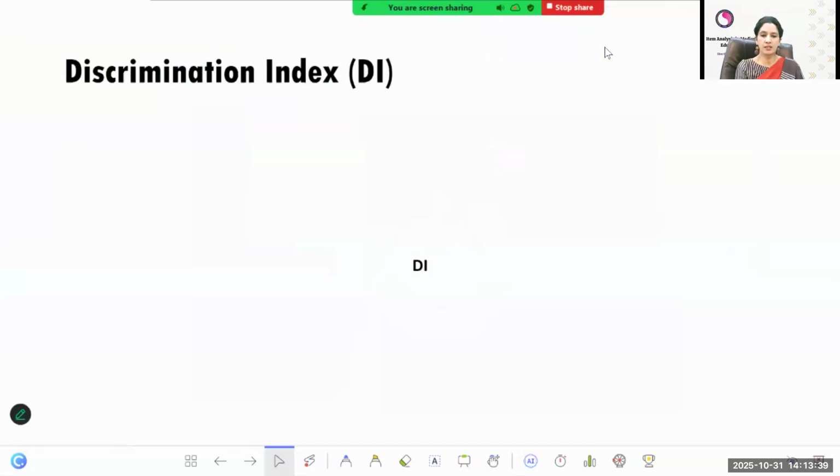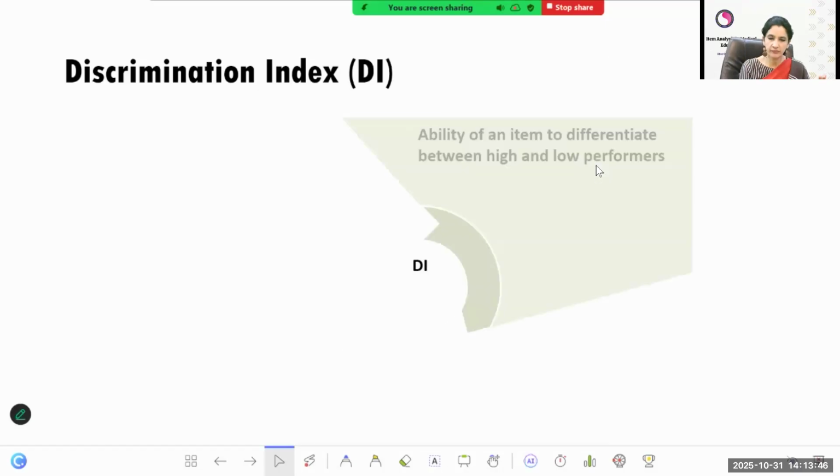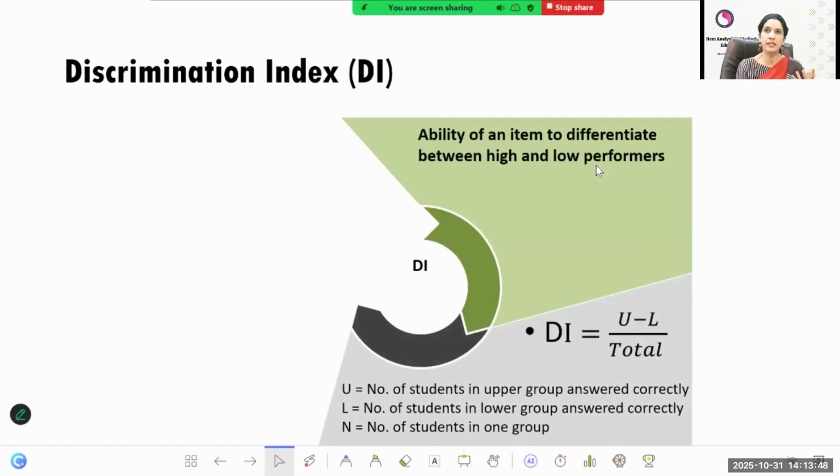So what is this discrimination index? The discrimination index, or DI, is the ability of an item to differentiate between a high and low performer, and it is calculated by the formula. In the numerator, you take the number of students in the upper group who have answered correctly, minus the number of students who have answered correctly in the lower group.